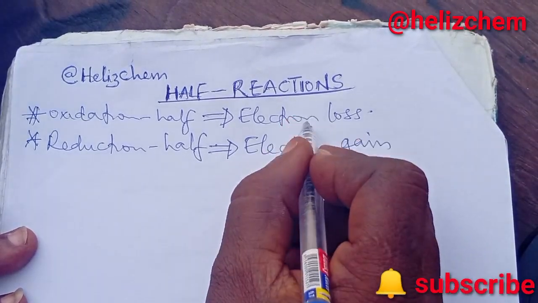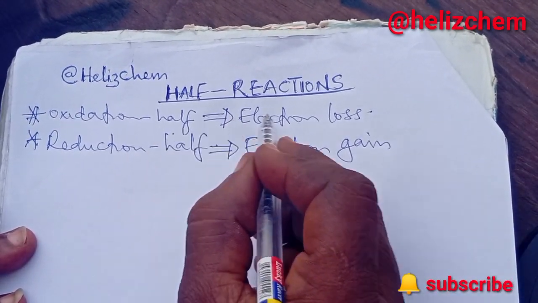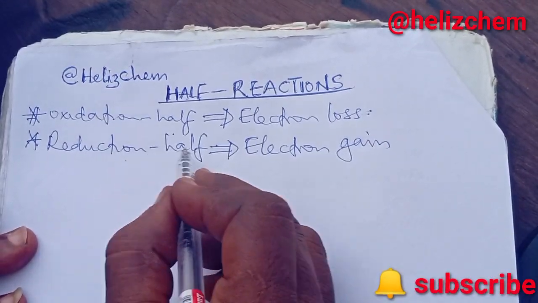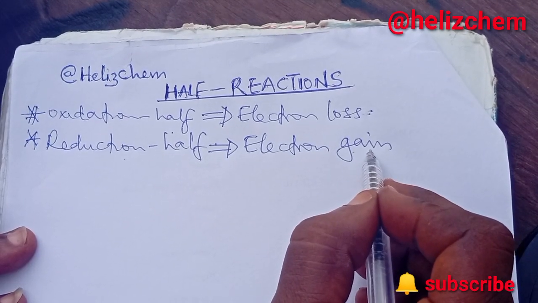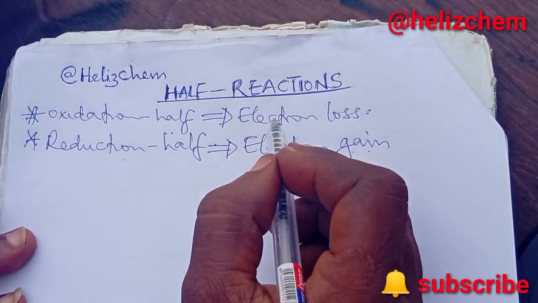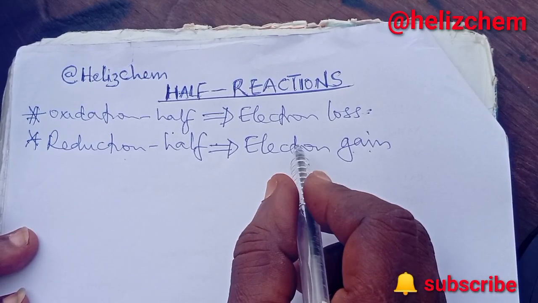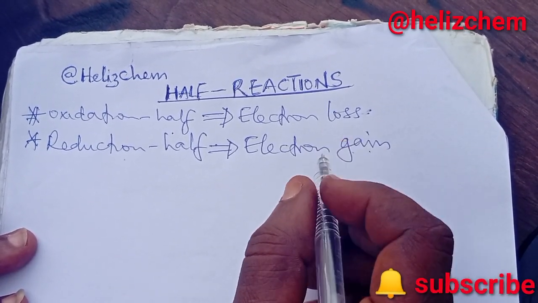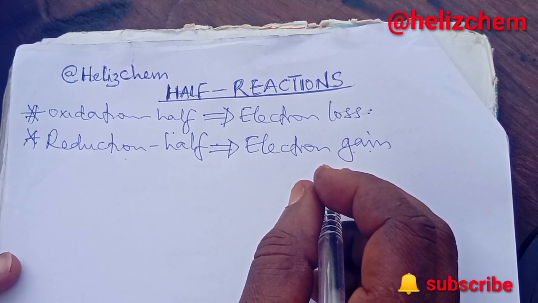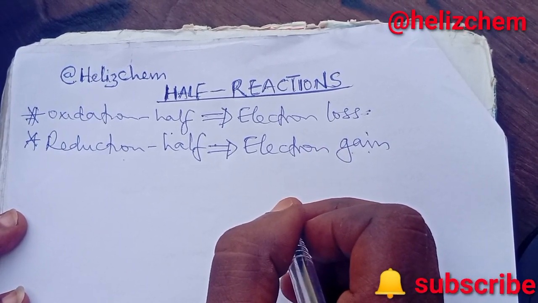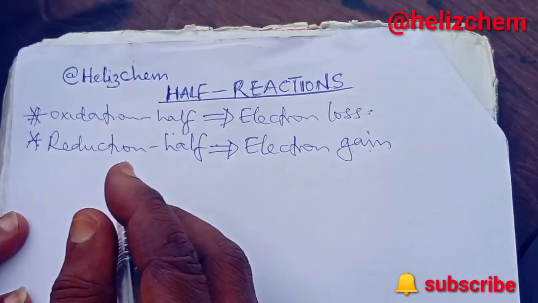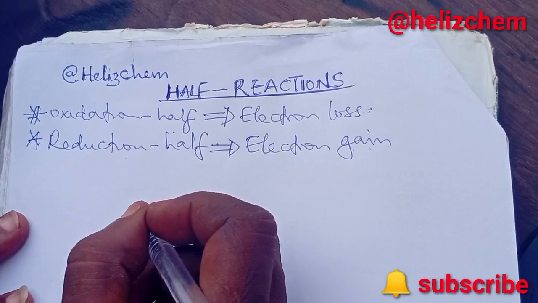So oxidation has to do with electron loss, reduction has to do with electron gain. You will agree with me that the two reactions complement each other. While one is losing, another one is gaining.